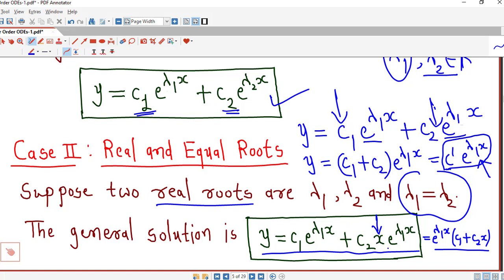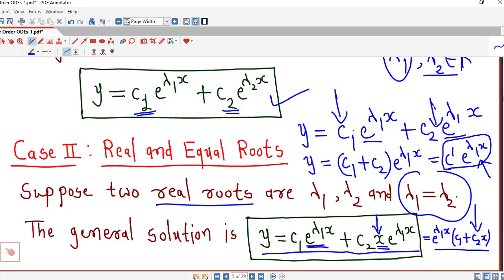It is not necessary that we should multiply here only. If we wish, we can write multiplication by x at this place also. But we should be careful that we must have two essential constants in the general solution, because our differential equation is of second order. Therefore its general solution must have two essential constants.